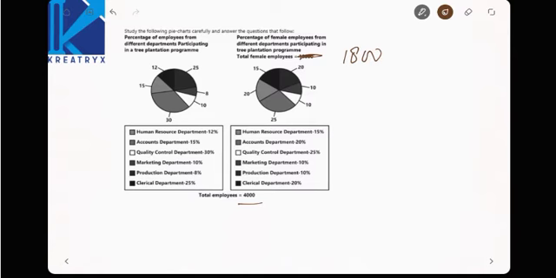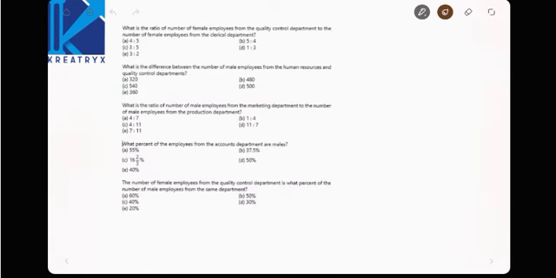Now let us make calculations easy. Okay, let us write the female part first. Now observe the things. See the first question. What is the ratio of number of female employees from quality control department to the number of female employees from the clerical department?